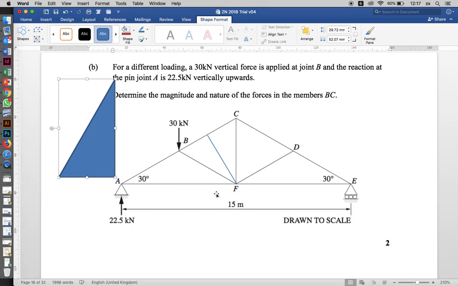So if this long side is 7.5, this short side has to be 3.75. Or if this long side is 15 divided by 2, this short side will be 15 divided by 4.